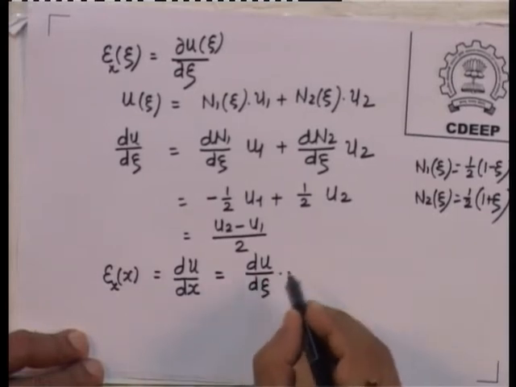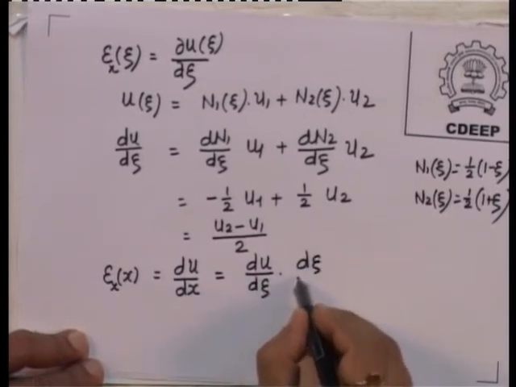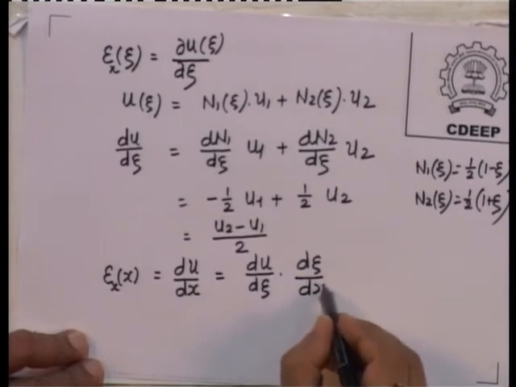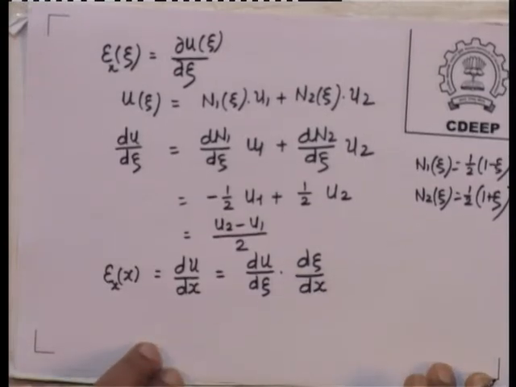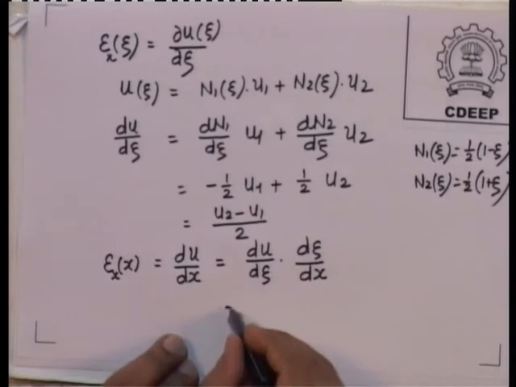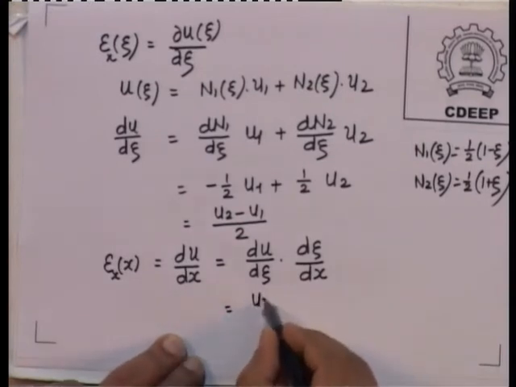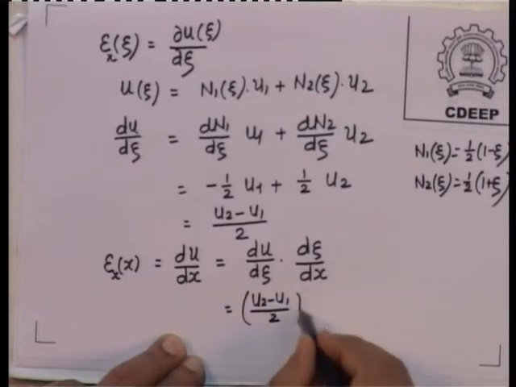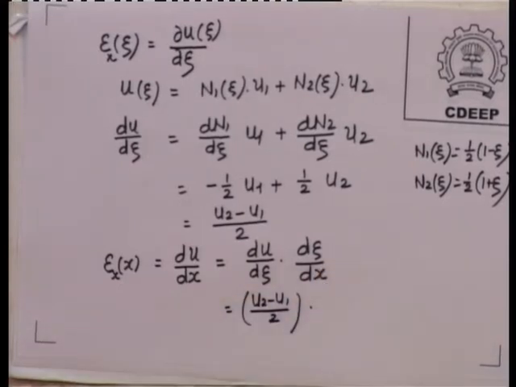Now that can be written, by chain rule, as du by d psi times d psi by dx, and du by d psi, just now we have got, is u2 minus u1 by 2. What is this? D psi by dx.